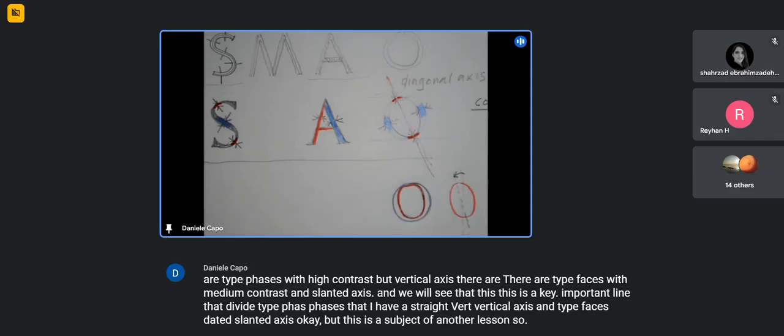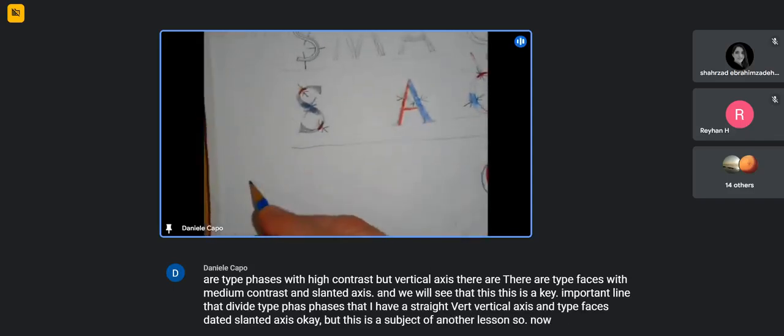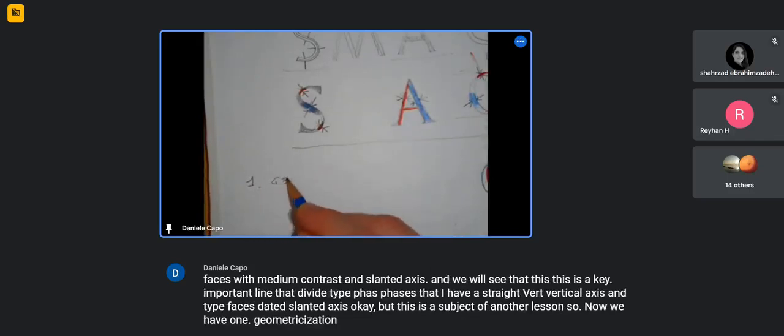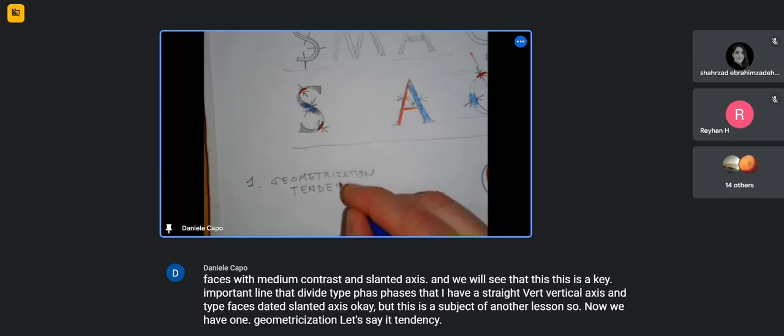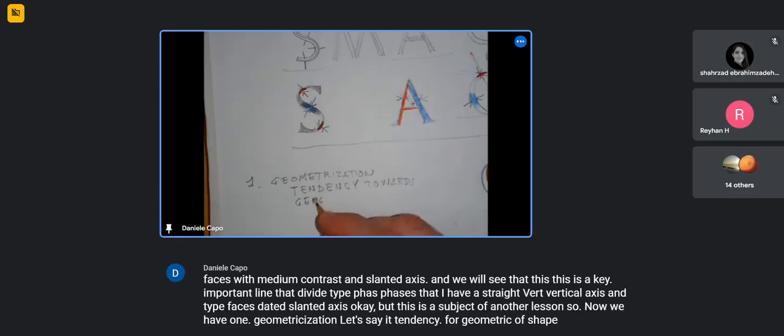So now we have one, geometrization. Let's say a tendency for geometrical shape.